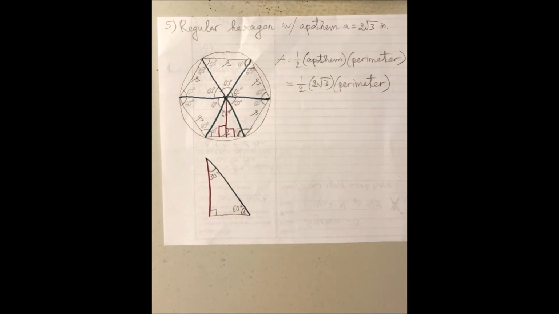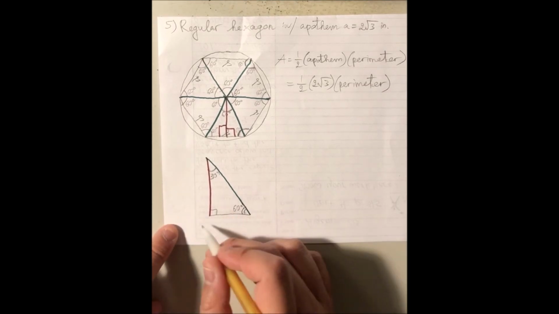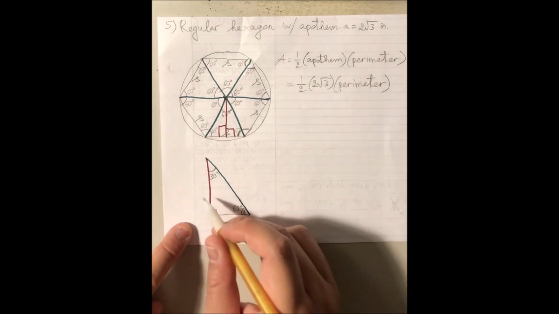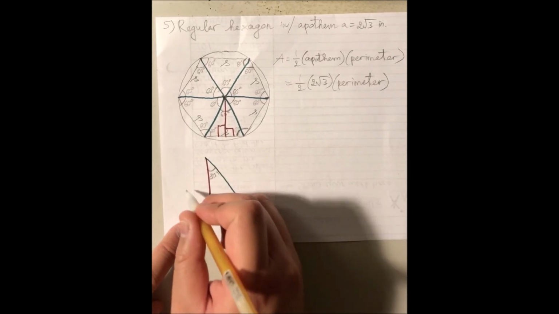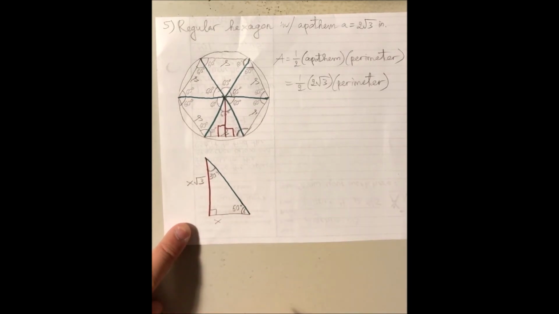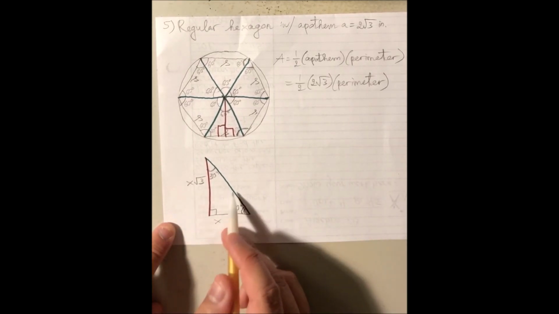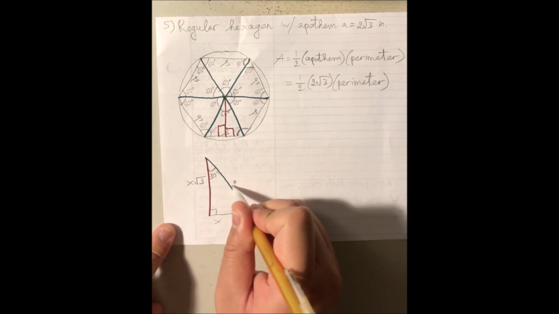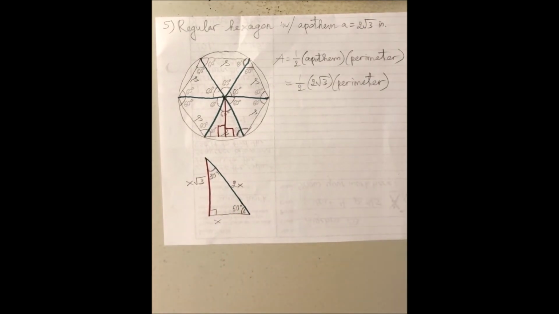Now by the 30, 60, 90 triangle property, opposite to the 30 degree is the short leg denoted by a variable. We call it x. Opposite to 60 is the long leg in the red denoted by the formula x times square root of 3, the short leg times square root of 3, and opposite to 90 degrees is the hypotenuse in the green denoted by the formula 2 times x.